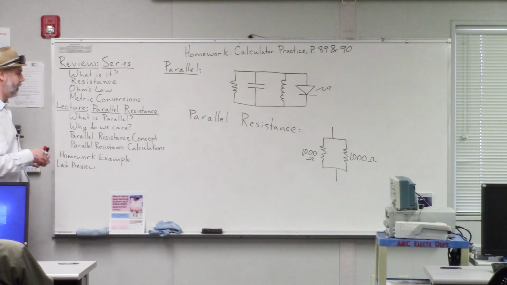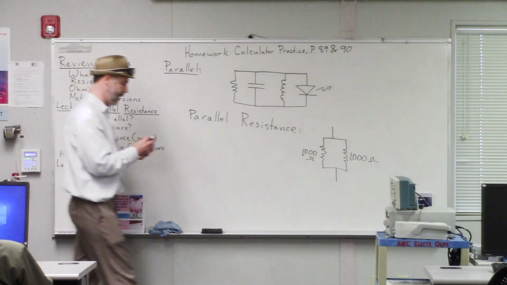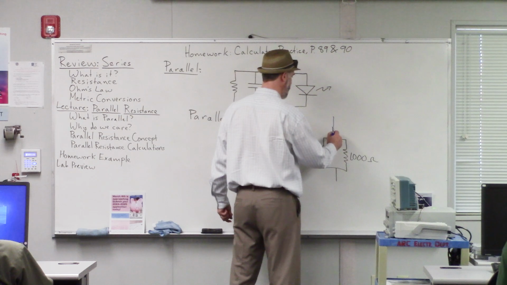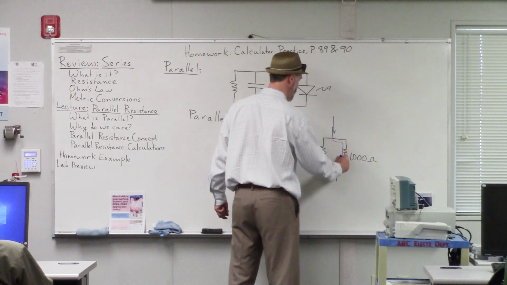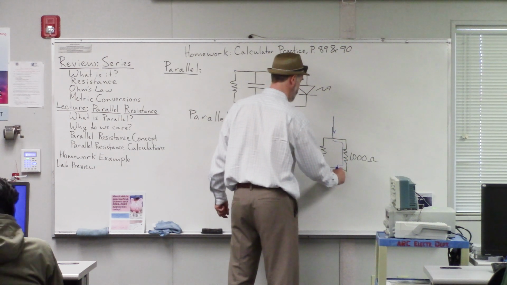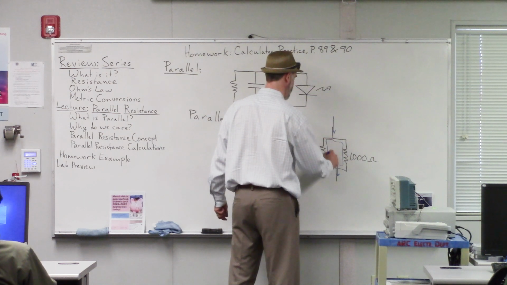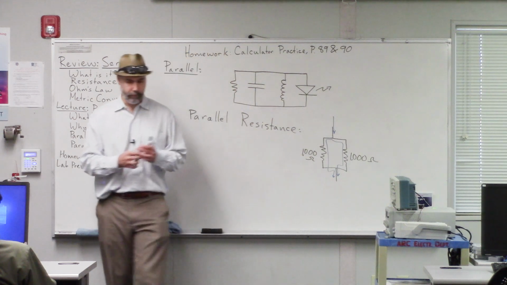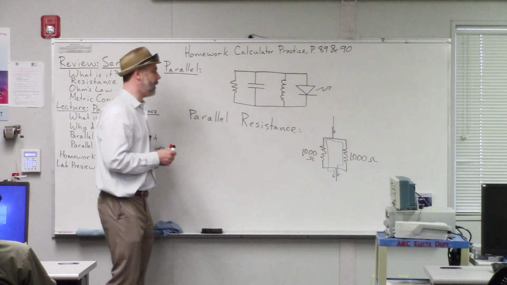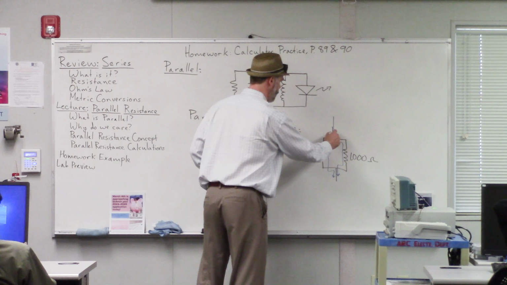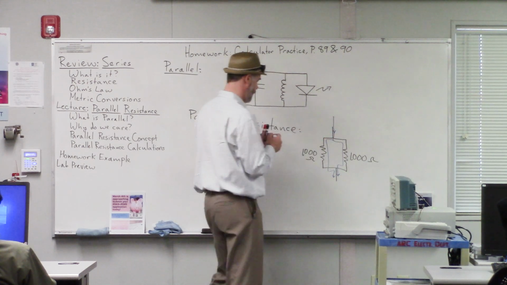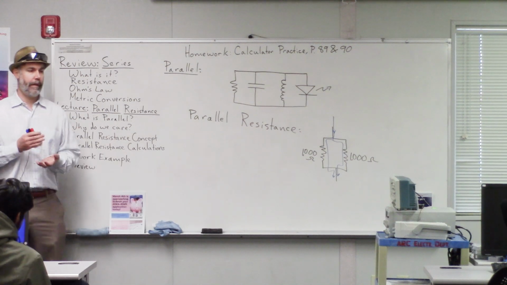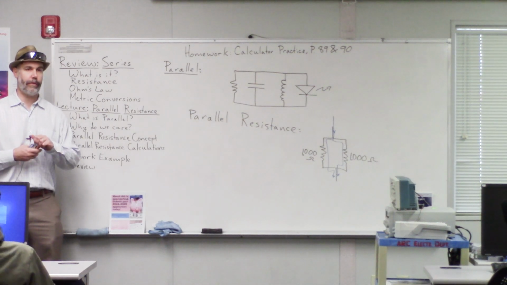Well, what happens is that the electricity was coming along through here, and now it has 2 paths that it can take. So some of it can go that way, and some of it can go that way. Okay? So when we looked at series resistance, it was kind of intuitive to understand what happened.